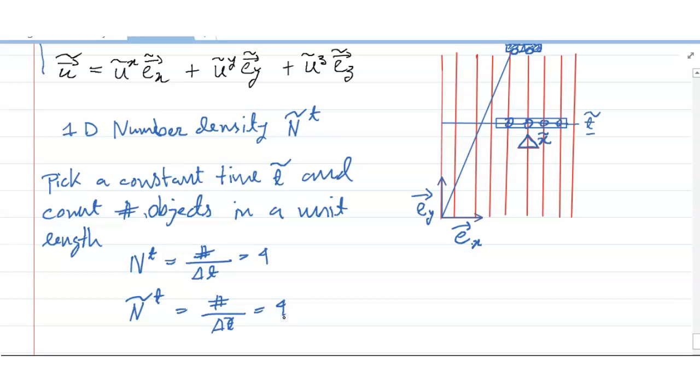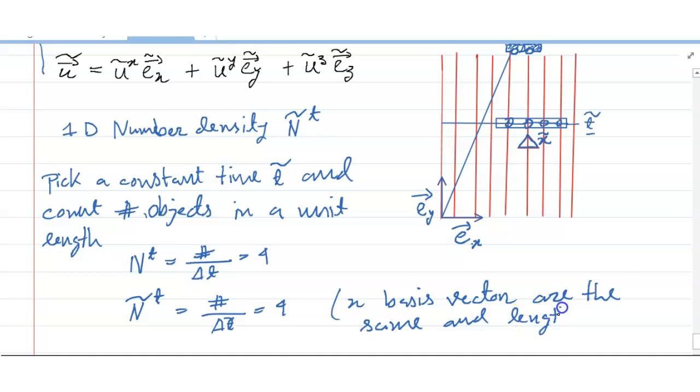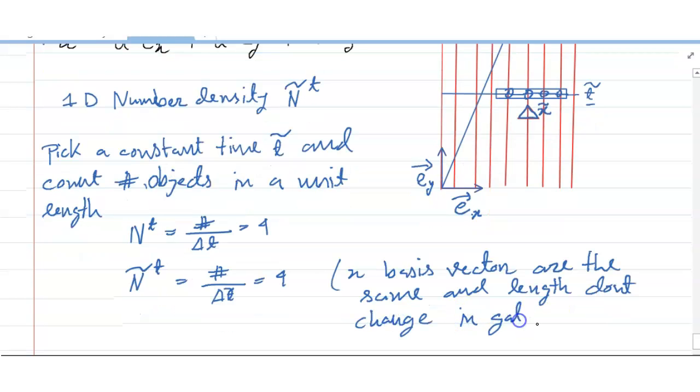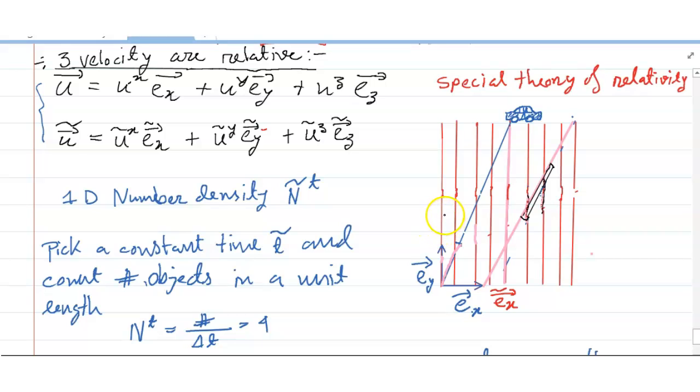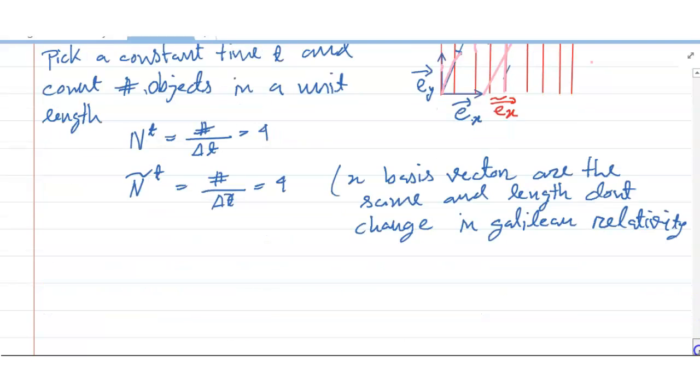Because their x basis vectors are the same, and lengths don't change in Galilean relativity. But while the stationary frame measures a current of 0, the moving car measures a current of 2.